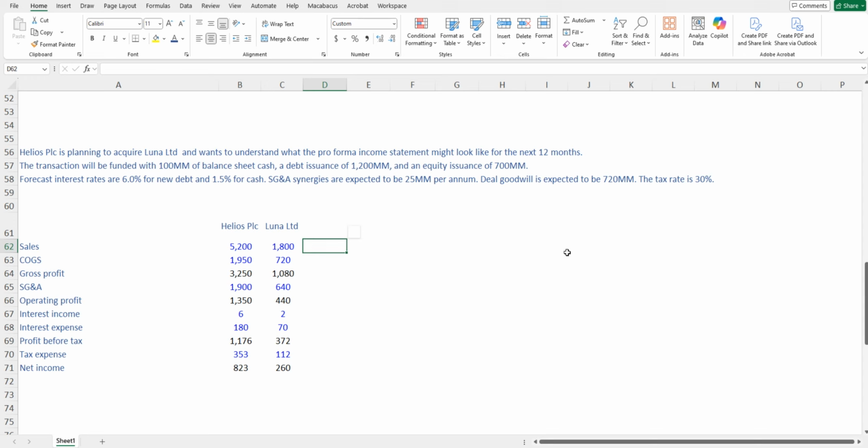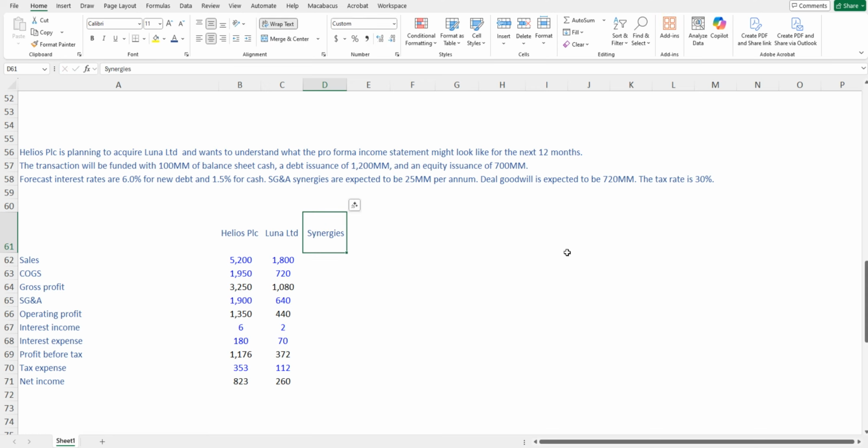Now, with this logic, we can build our pro forma income statement for when Helios is planning to acquire Luna Limited. First, I want to type the synergy. The synergy is basically a cost saving. We know they have SG&A synergy of 25 million per annum.